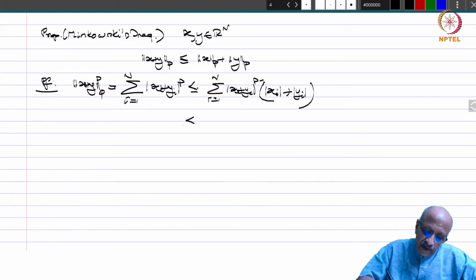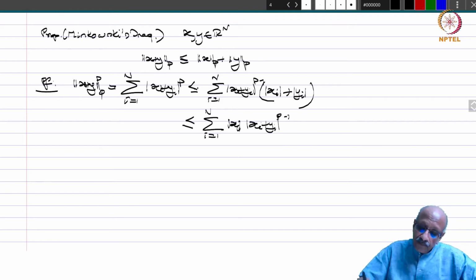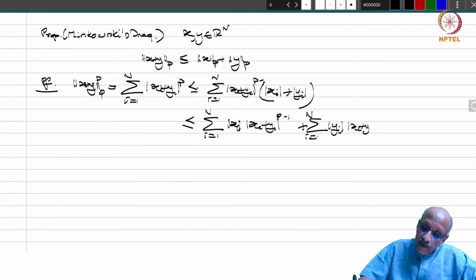So this is again less than or equal to sigma i equals 1 to n |xi| into |xi plus yi|^(p minus 1) plus sigma i equals 1 to n |yi| |xi plus yi|^(p minus 1).